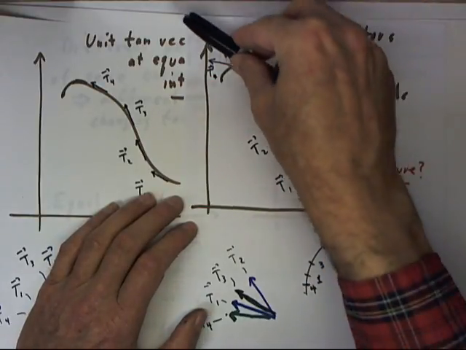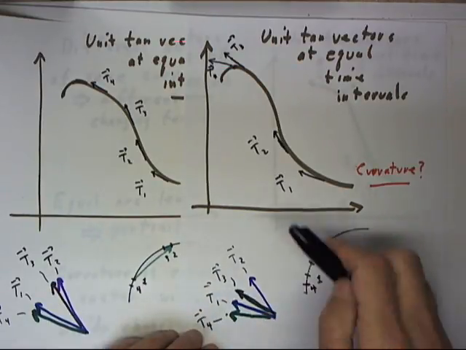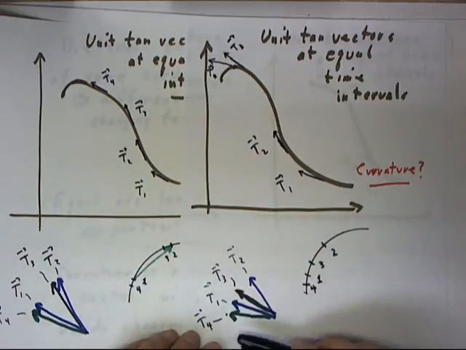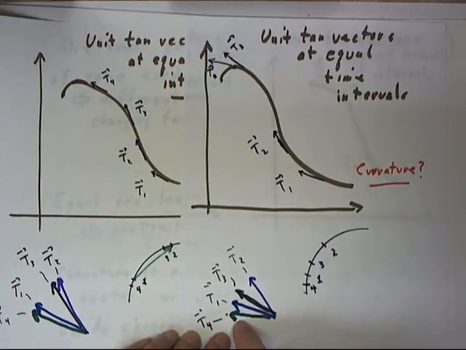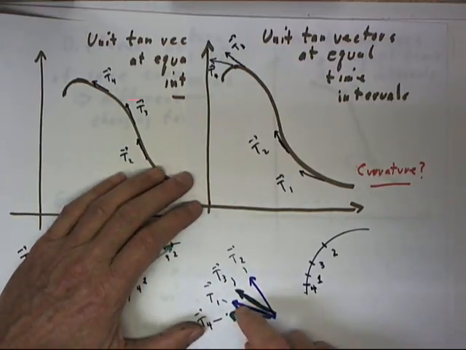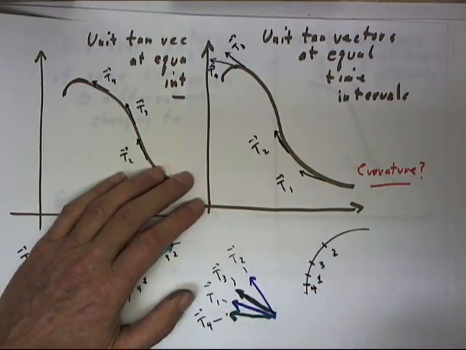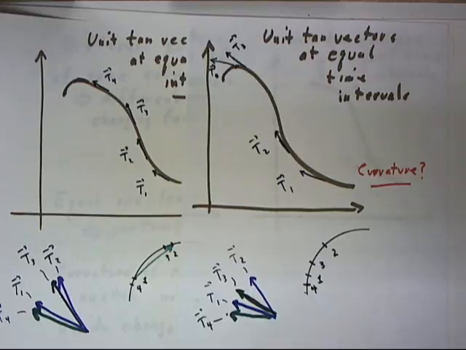And between here and here, we come back a little bit. So T3 is here, and then T4, we move around this way a little more, so we curve around, so our direction changes as indicated here. Okay, so we have our directions. These unit tangent vectors merely indicate directions. They don't indicate anything about how fast we're moving or how far we go.